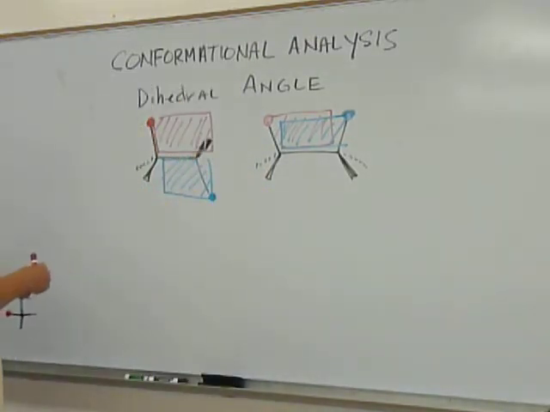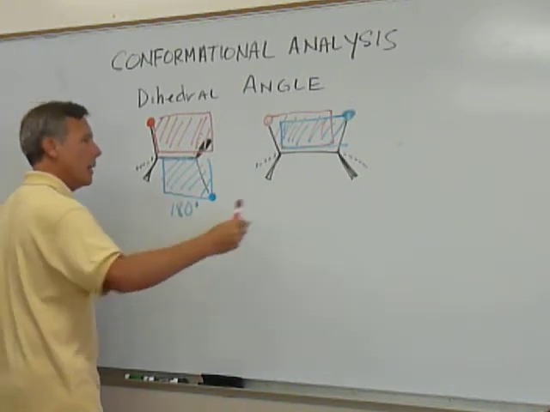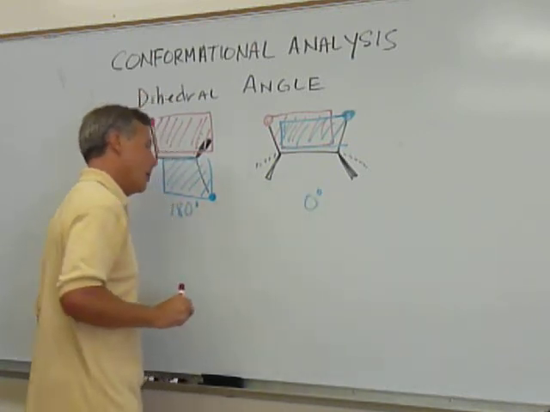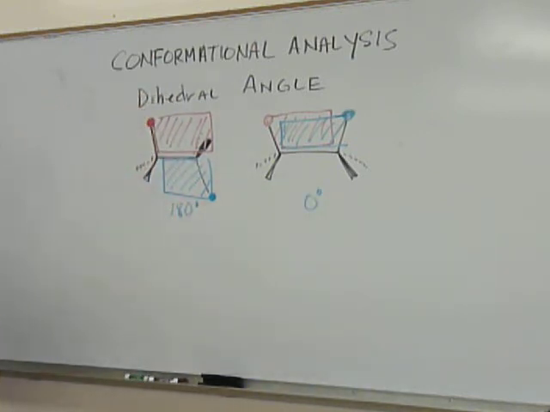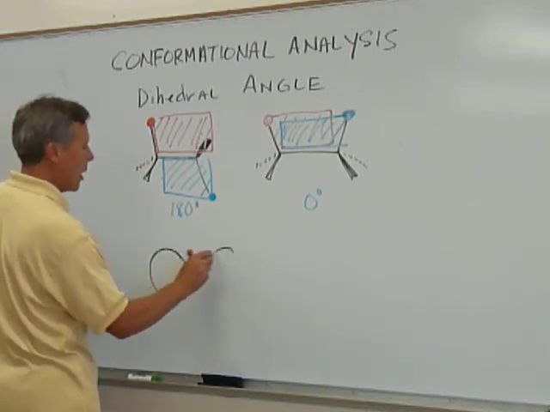Again, here we have the dihedral plane at 180 degrees. Here we have the dihedral plane at 0 degrees. We will begin our conformational analysis with a dihedral plane of 0 degrees. One way to look at our conformational analysis is to draw Newman projections.